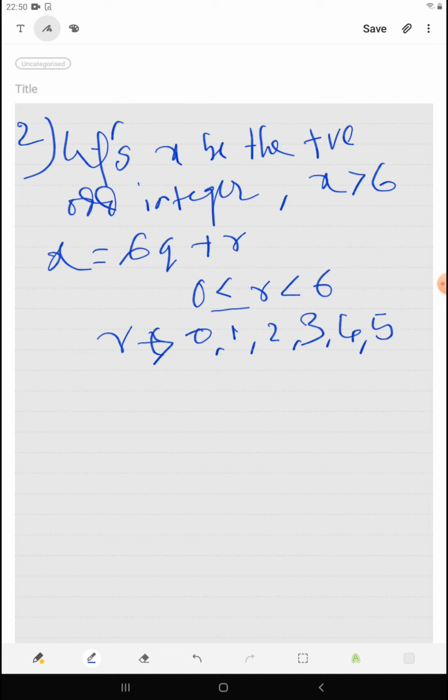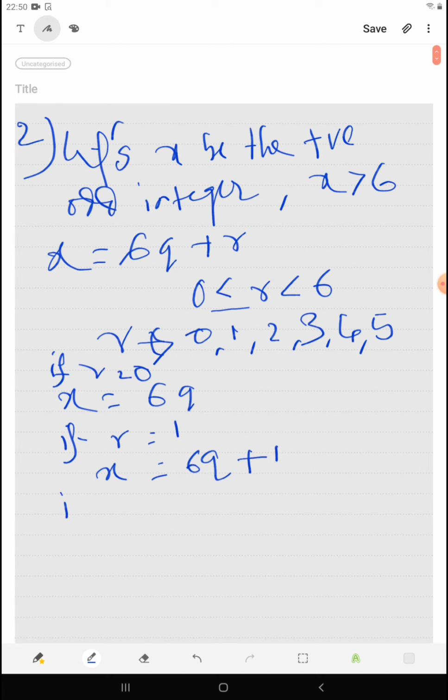Okay. So x equals, so if r is 0, then x equals 6q. If r is 1, then x equals 6q plus 1. If r equals 2, then x equals 6q plus 2.